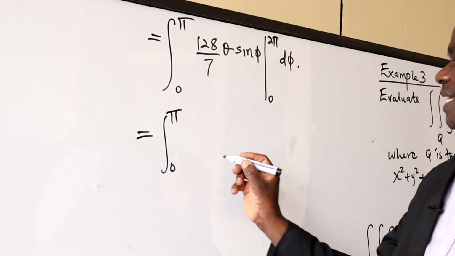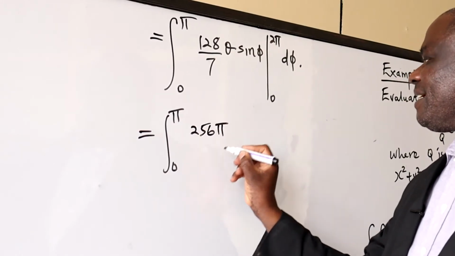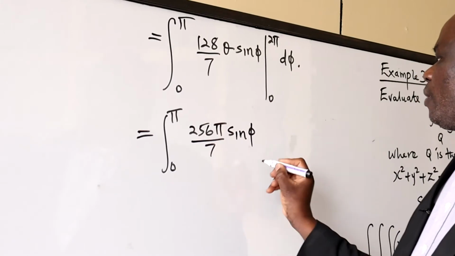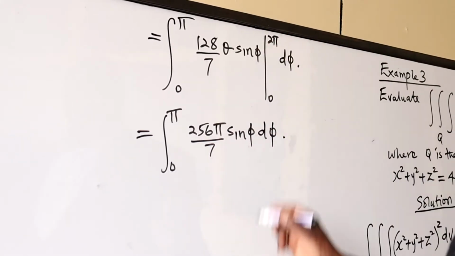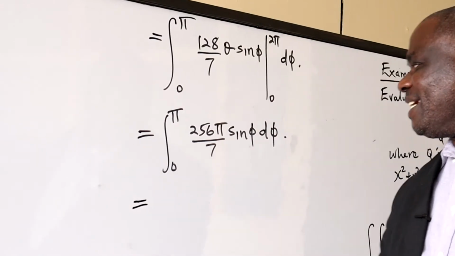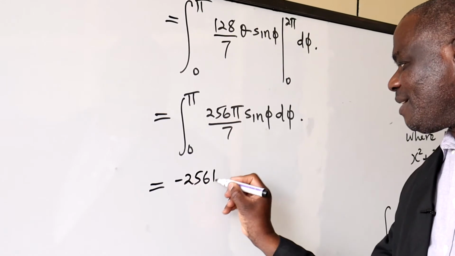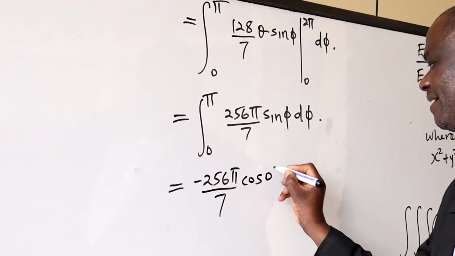When we insert this one here, we'll get 256 pi, all over 7, sine phi, d phi. The lower limit will just bring a 0. When this one is integrated further, we get negative 256 pi, all over 7, cos phi.